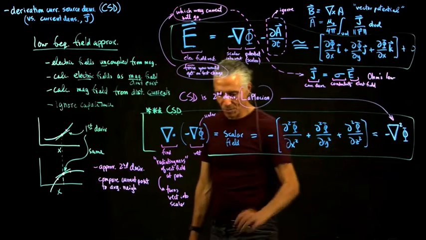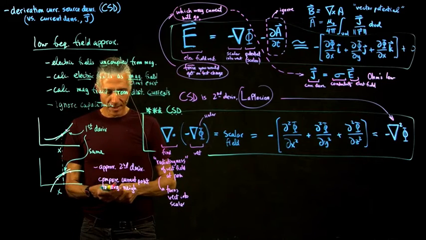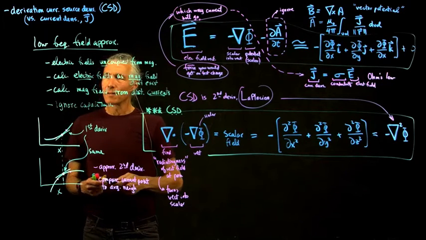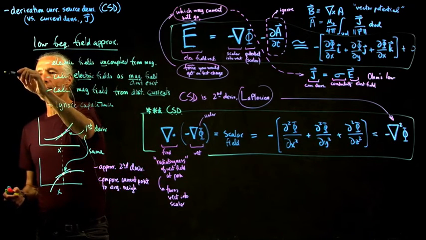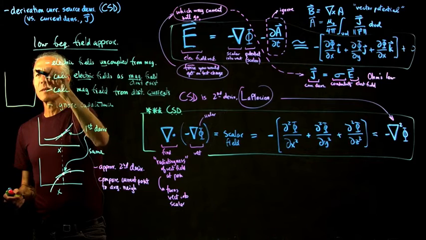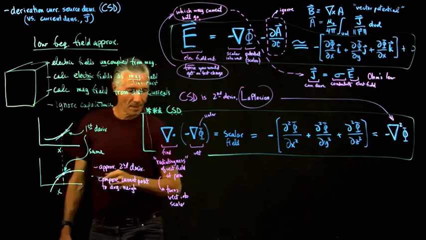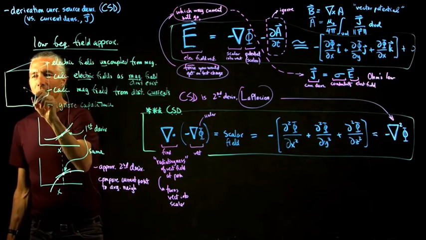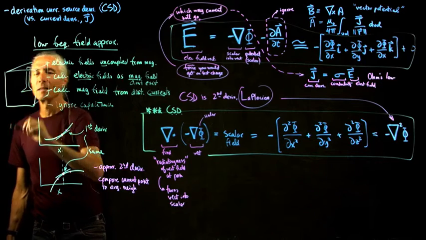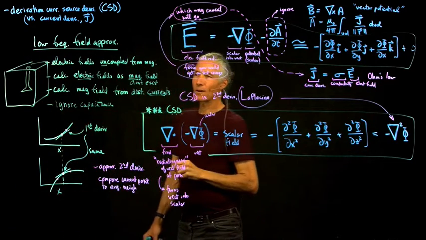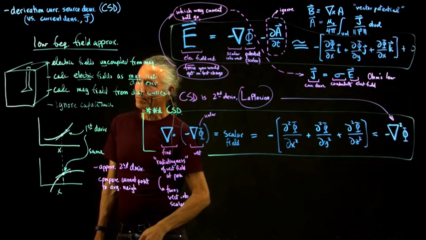So how would you do something like this? I'm going to talk about that in a lot more detail in the main lecture, but the way you would do something like this is you would just make a whole bunch of measurements. So here's a little chunk of cortex, and say it's got a pyramidal cell in it like that. And we want to figure out where all the currents are going in this space.